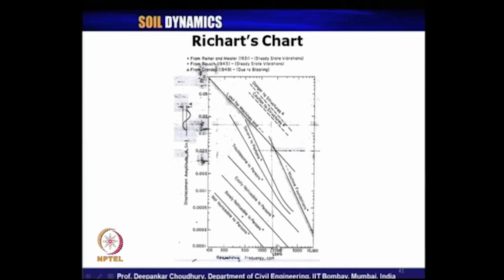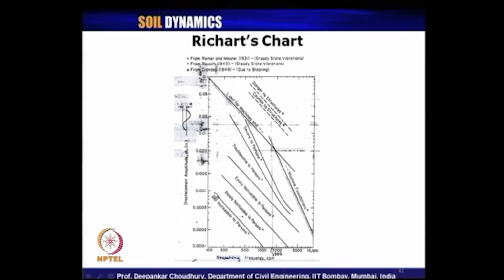As I said, turbo generators etcetera will be in this range of operating frequency, whereas your reciprocating machines will be in this range of operating frequency, right. Now, based on the machine for which you are designing the foundation and the displacement amplitude calculated from the analysis using any of the models, you go to this chart, then your point will come in one of these zones. So, that will guide you whether it is good or not.